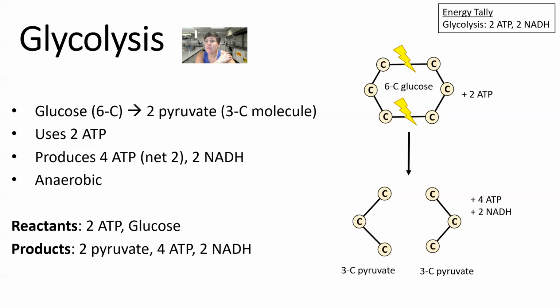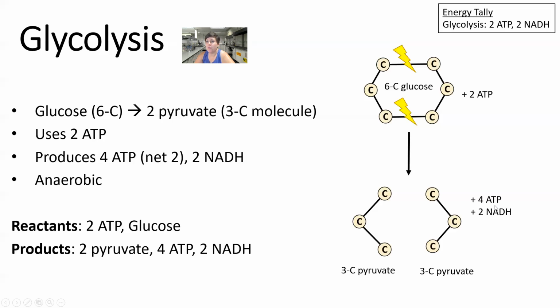That's because even though we were able to generate 4 ATP via this process, we had to invest or use 2 to kickstart it. So whenever we talk about our energy through this process, what we want to calculate is how much usable energy we've generated.